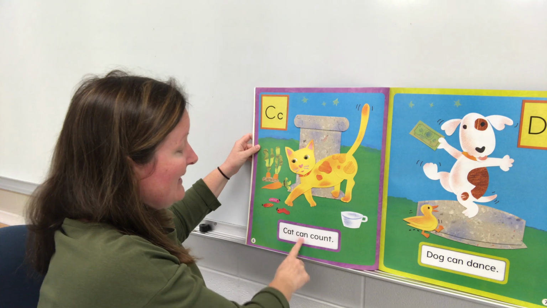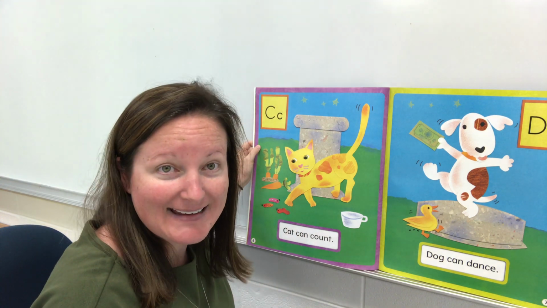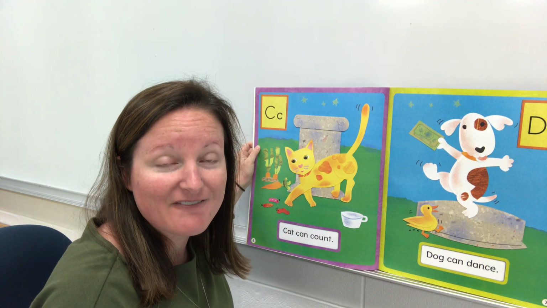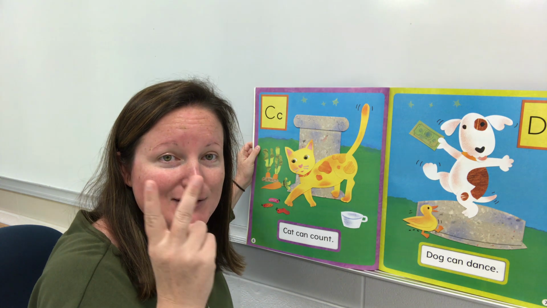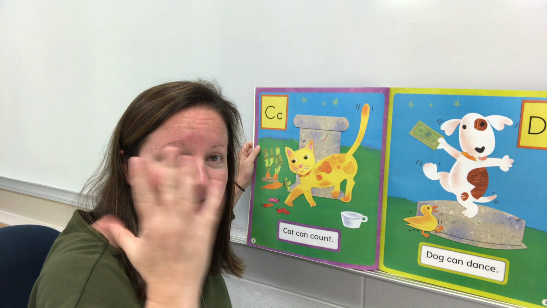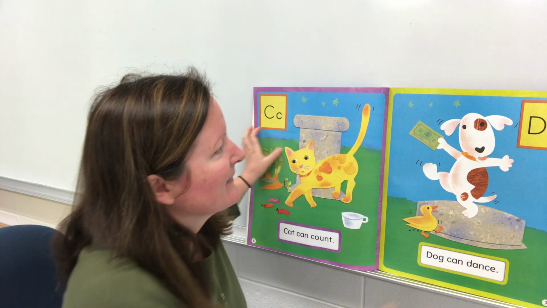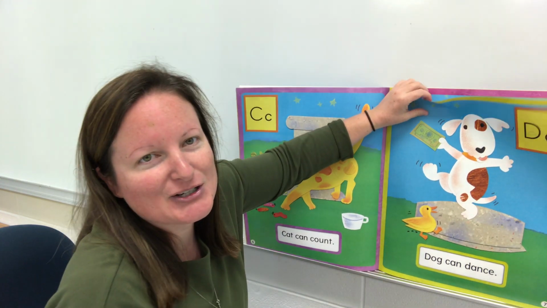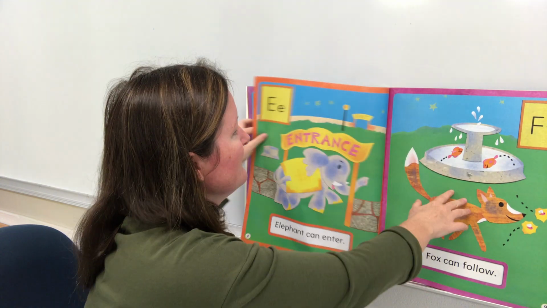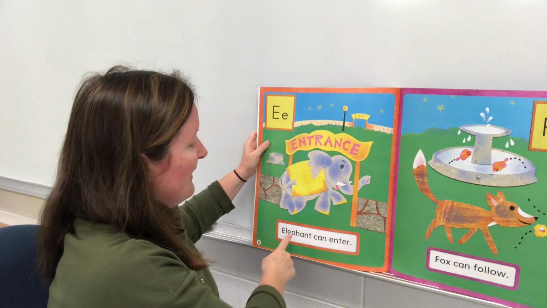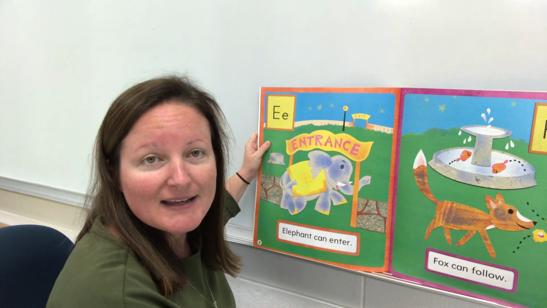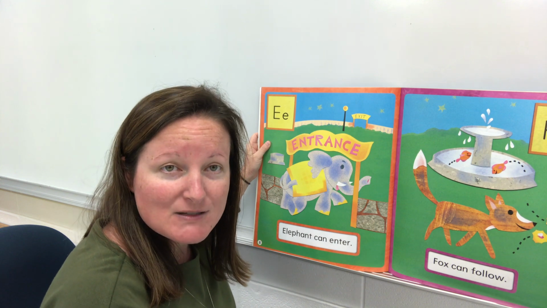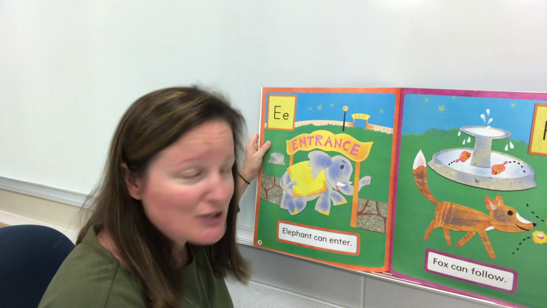C. Cat can count. We can count. Let's practice counting to 5. 1, 2, 3, 4, 5. All right. D. Dog can dance. I'm sure you can dance. E. Elephant can enter. Enter, so that's like going into a store, going into a restaurant.